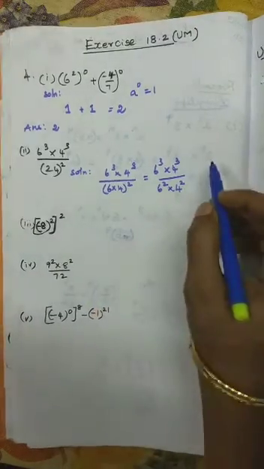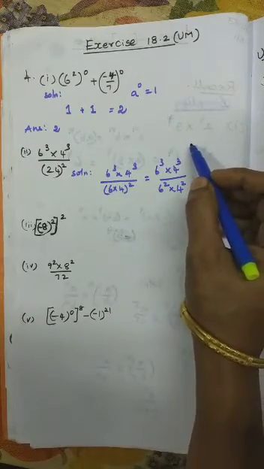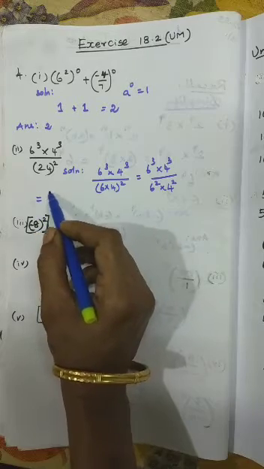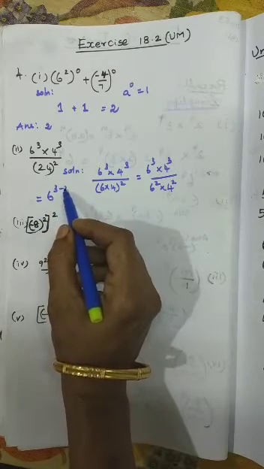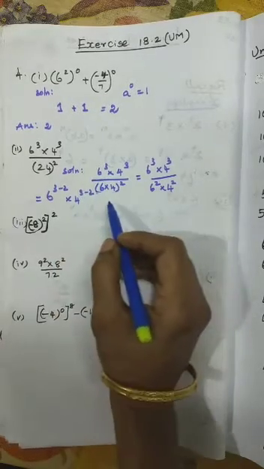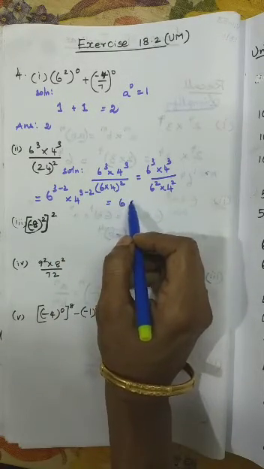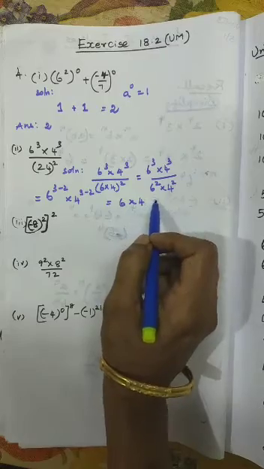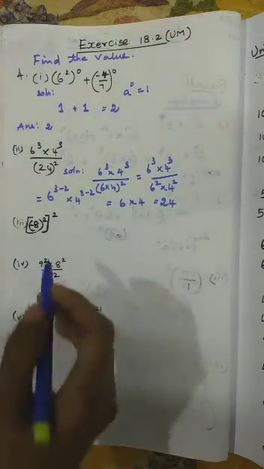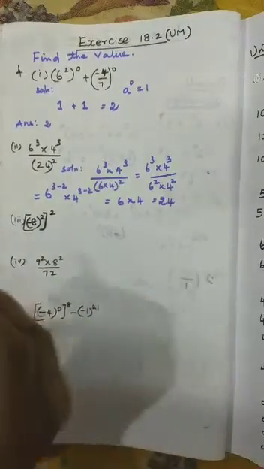Now we know the quotient formula, isn't it? Using that, we can write this as 6 power 3 minus 2 into 4 power 3 minus 2. So the answer is 6 power 1 into 4 power 1, which is 24. So we have found the value.